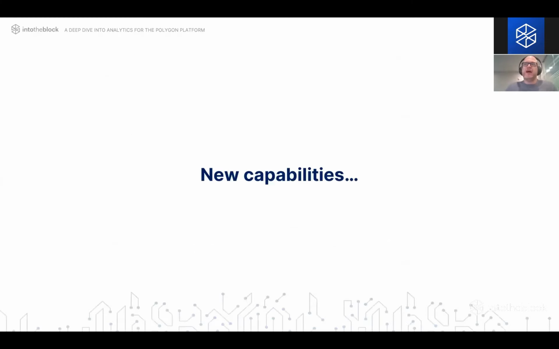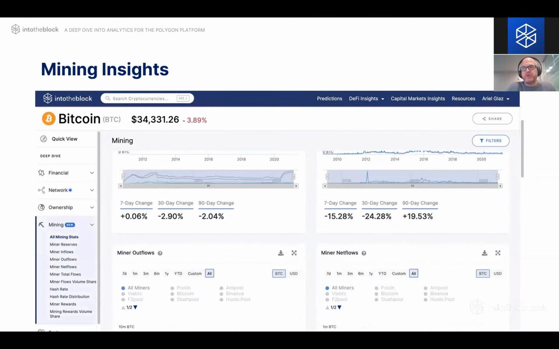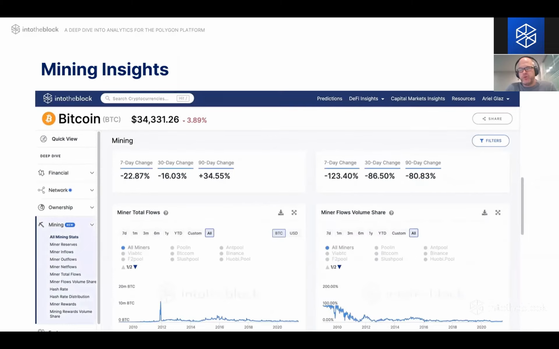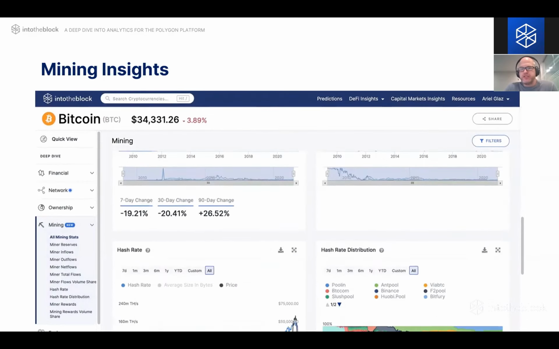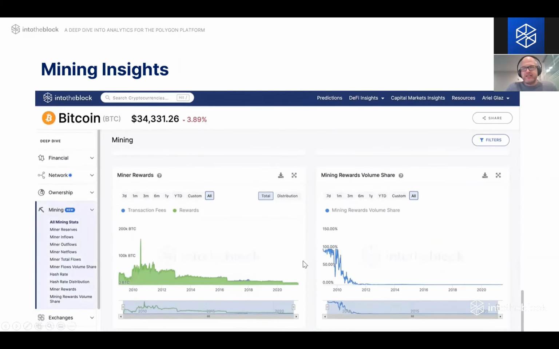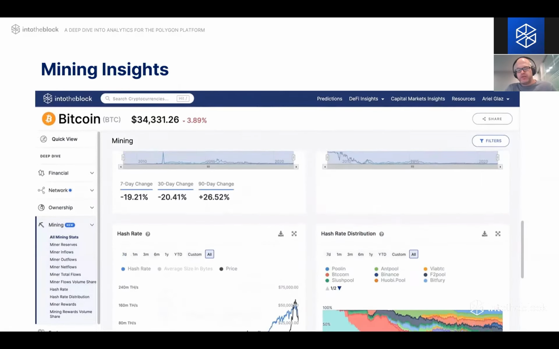As I said before, we're just hours away from launching a new set of analytics for mining, which is a very hot topic in the industry today. We have done what I consider very solid work in this area, and we're going to launch those analytics literally by the end of day today, available in the Into the Block application.